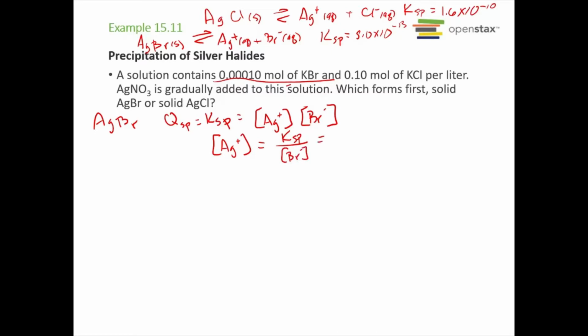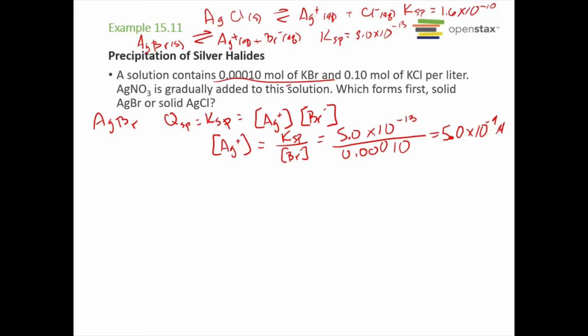So that is equal to 5.0 times 10 to the negative 13th power divided by the concentration of bromide, which is 0.00010 molar. And that gives us 5.0 times 10 to the negative 9th molar. Okay, so that's when the silver bromide is going to begin to precipitate.